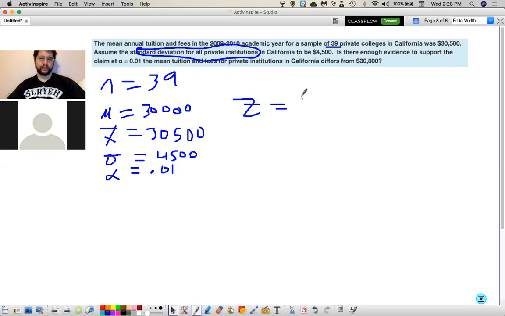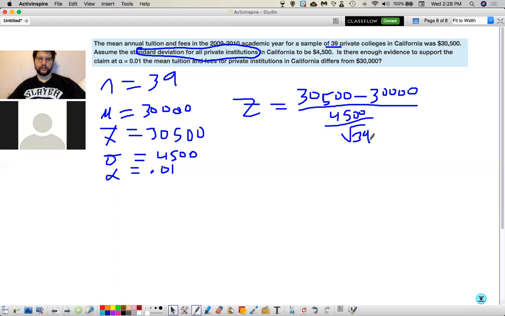Z is the same kind of formula as before: 30,500, that's X bar, minus mu, over sigma over square root of n. That's on your formula sheet.